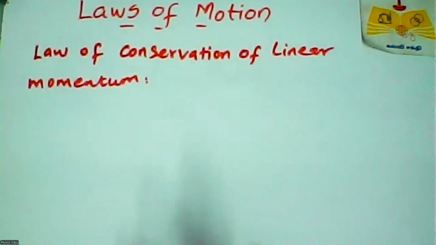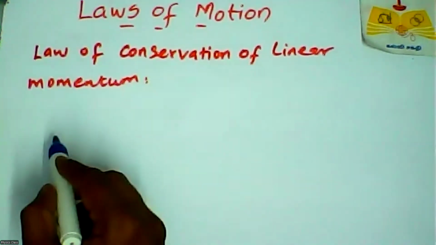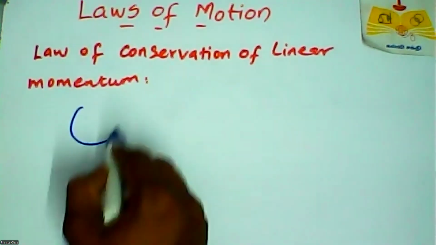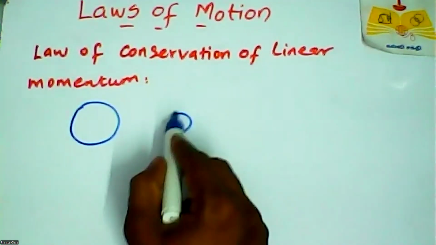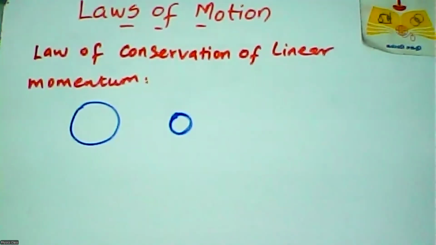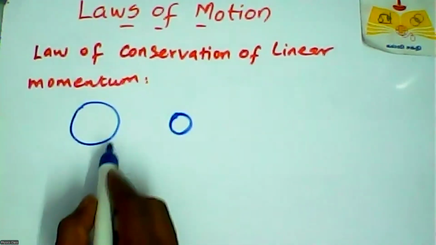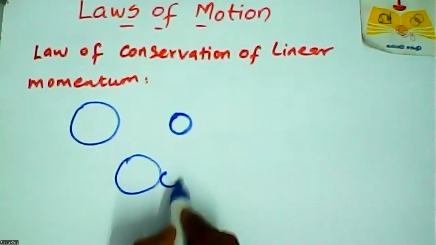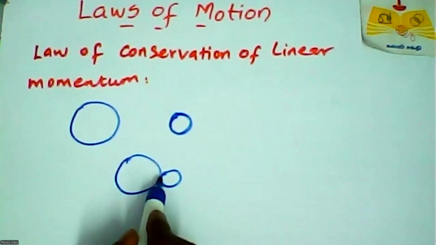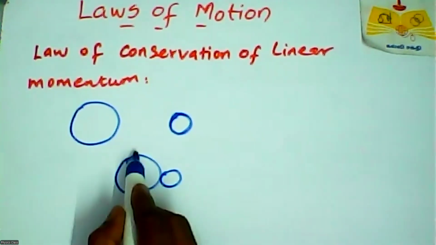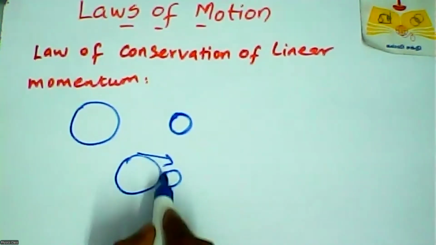By combining Newton's second and third laws, we can derive the law of conservation of linear momentum. For that, take two objects or two particles. These particles interact with each other. This object exerts a force on that object, and that object exerts a force on this object.